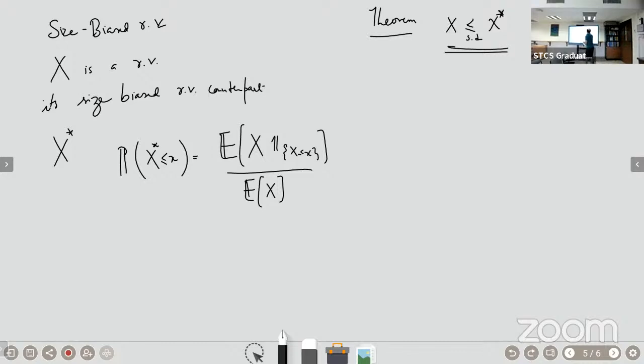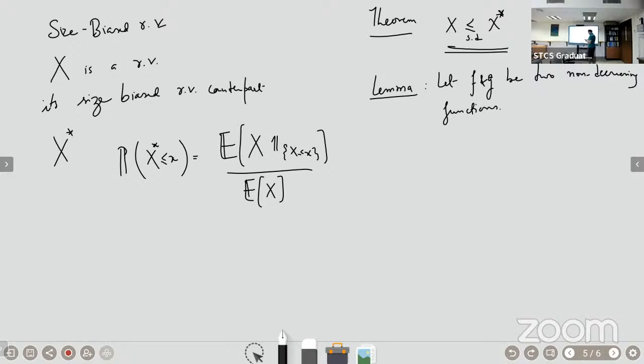For that, we will give an intermediate lemma. You might have seen this. Let f and g be functions. This lemma is useful for many other things we'll do.